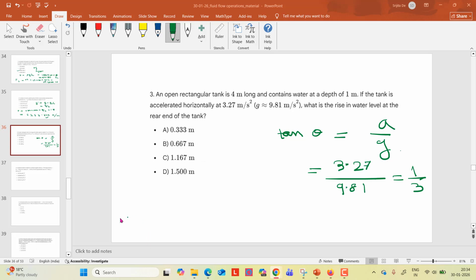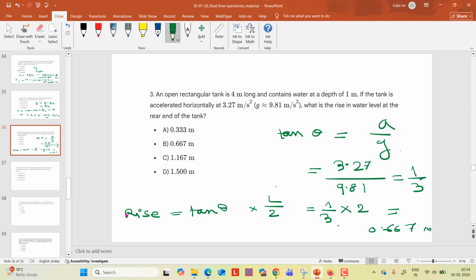So the rise will be tan theta into L by 2, length by 2. Tan theta is 1/3 into 4/2, which means 2. So the option is 0.667 meter. Next.